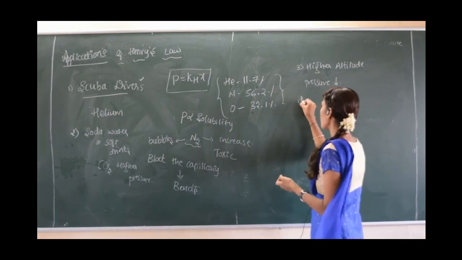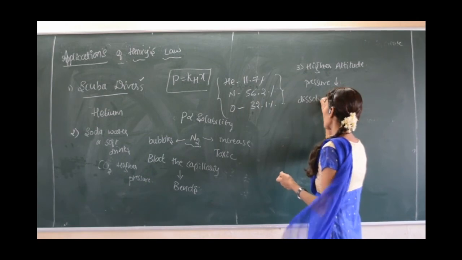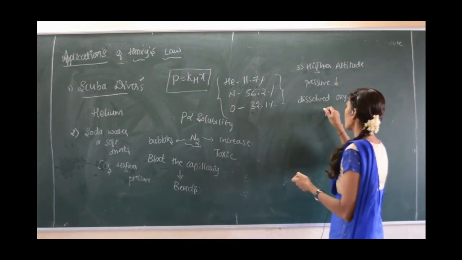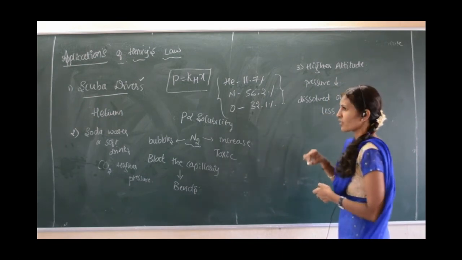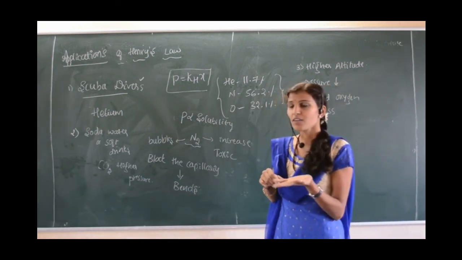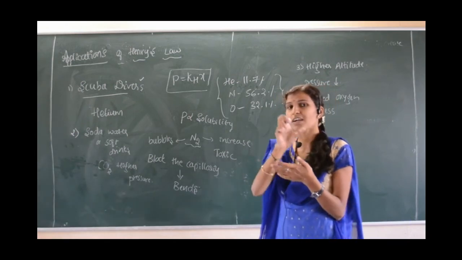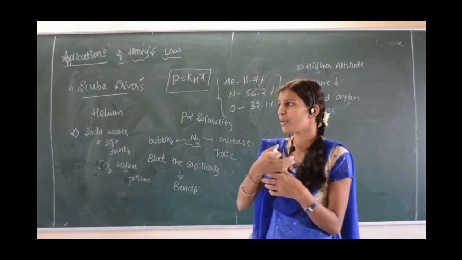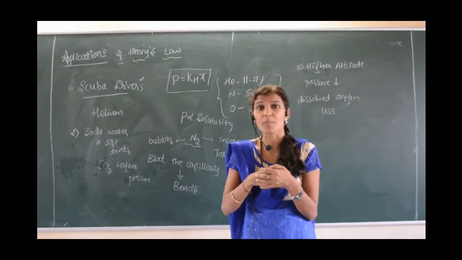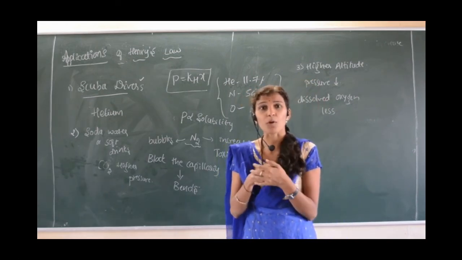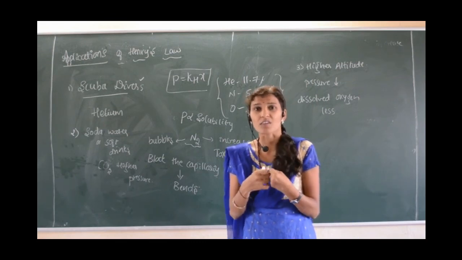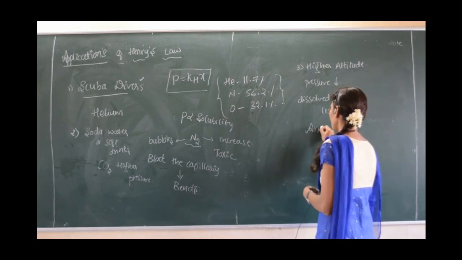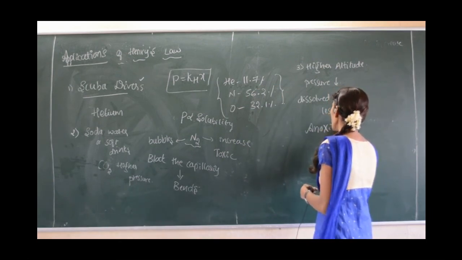The dissolved oxygen is less. The oxygen dissolved in the blood is less. So, as the oxygen content in the blood becomes less, whoever goes to the altitude cannot think properly. He feels weak. Such a condition is known as anoxia.